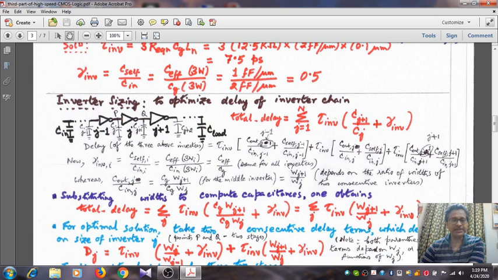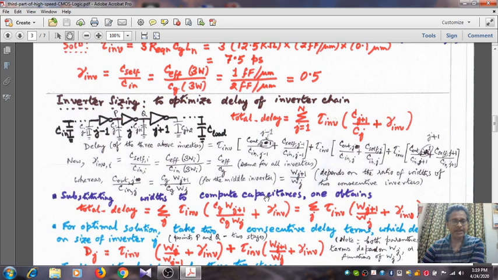Irrespective of the sizes of the inverters, the gamma remains the same for all inverters, although the inverters can individually differ in sizes, whereas the fan out factor C out by C in, that is Cg into Wj plus 1 upon Cg into Wj for the middle inverter. Clear? So now you see that as Cg is both in the numerator and the denominator, the ratio of the capacitances boils down to the ratio of the widths. So it depends on the ratio of the widths of the two consecutive inverters.